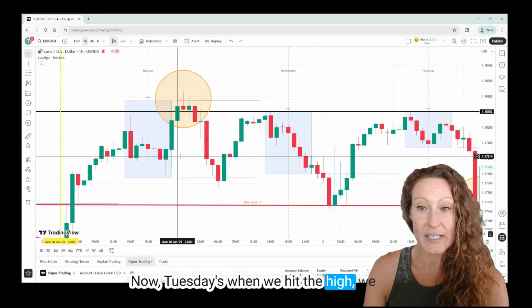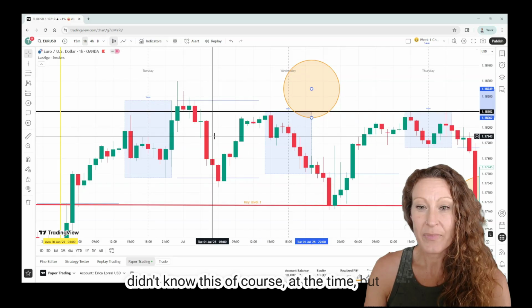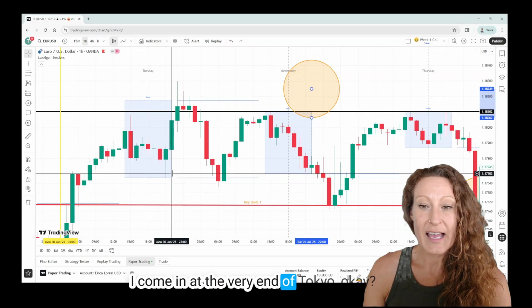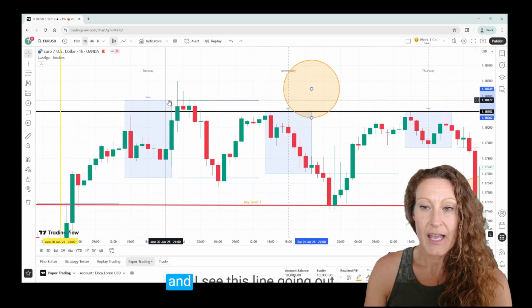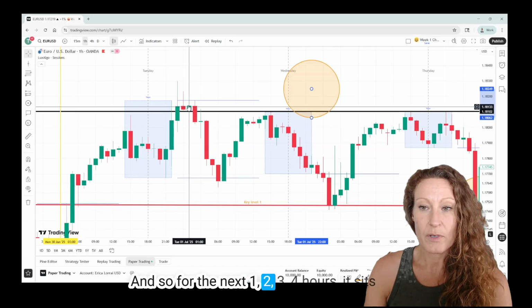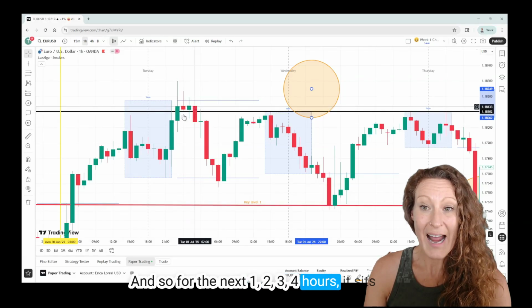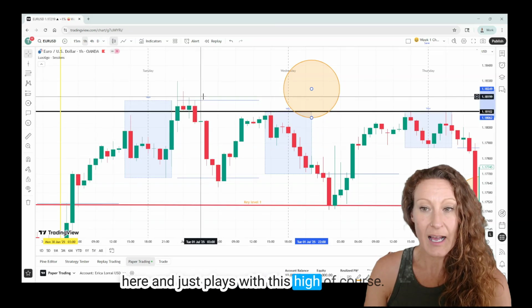Now, Tuesday's when we hit the high. We didn't know this, of course, at the time, but I come in at the very end of Tokyo. Okay, I look right when Tokyo closes, and I see this line going out. And so for the next 1, 2, 3, 4 hours, it sits here and just plays with this high.